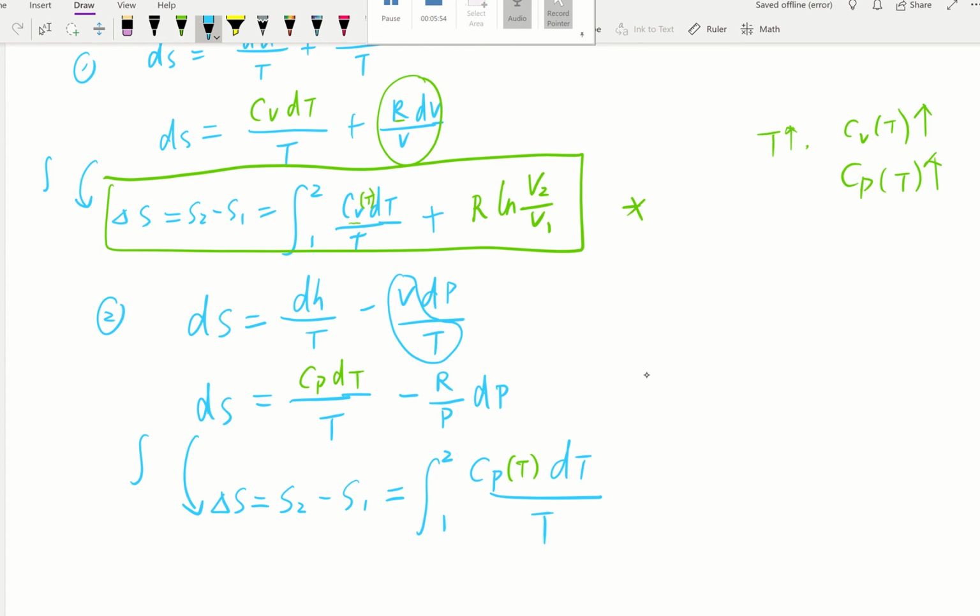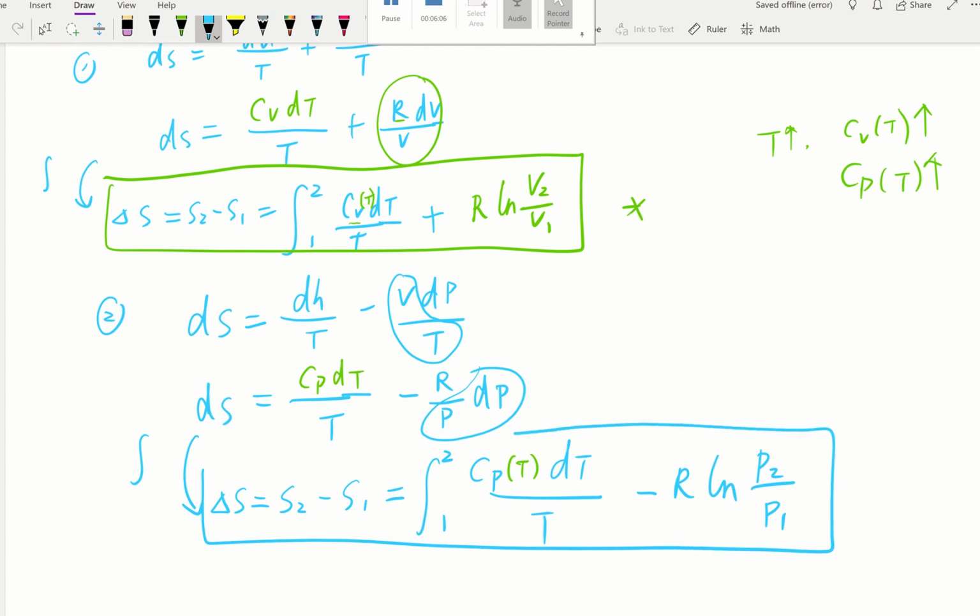Now let's go ahead and integrate the second term. We know 1 over P integration will be the natural log of P2 over P1. Now we have our second entropy change equation for ideal gas. So those are the two.